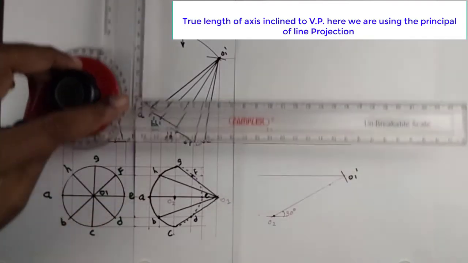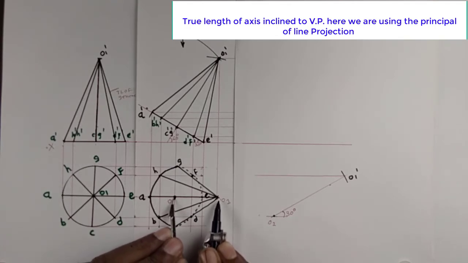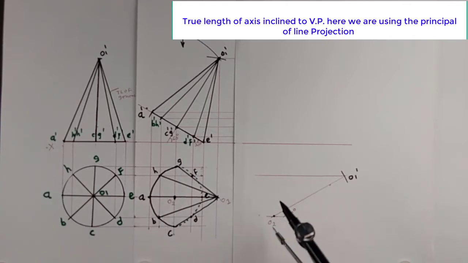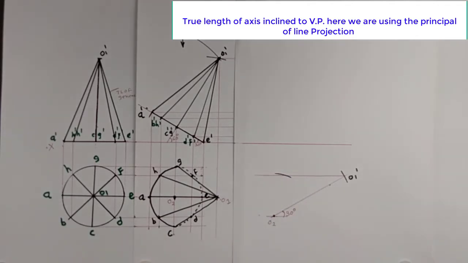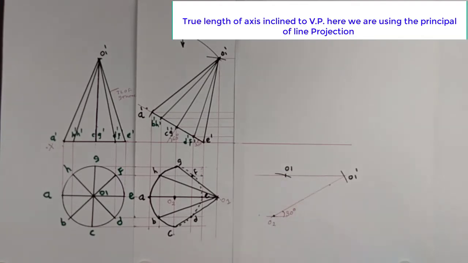On this locus, we rearrange our plan of axis. So my plan of axis, it is O2, O1. So O2 is a center. I draw the arc. So this is my O1 point.